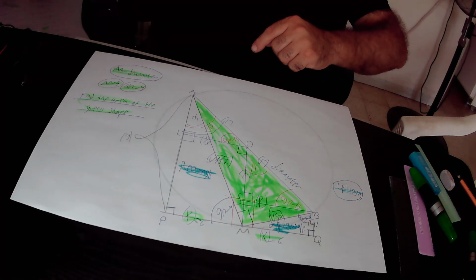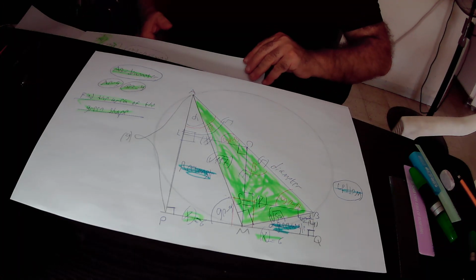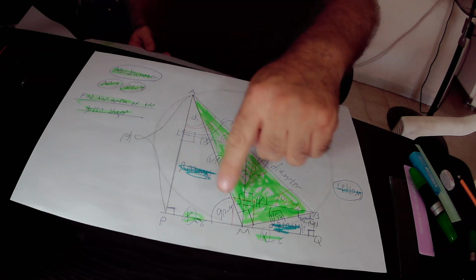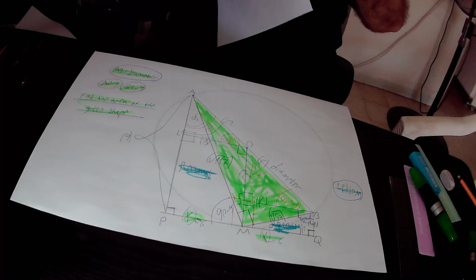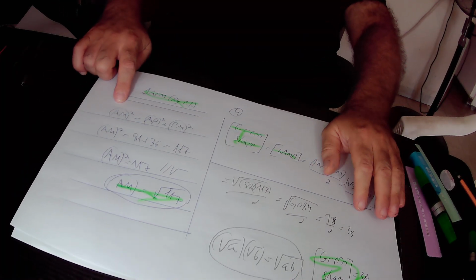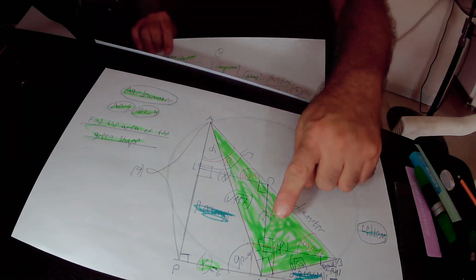In the next step, we created the Pythagoras theorem on this big right triangle APM. According to the Pythagoras theorem, AM squared, the square of the hypotenuse, equals AP squared plus PM squared. AM is the missing side.